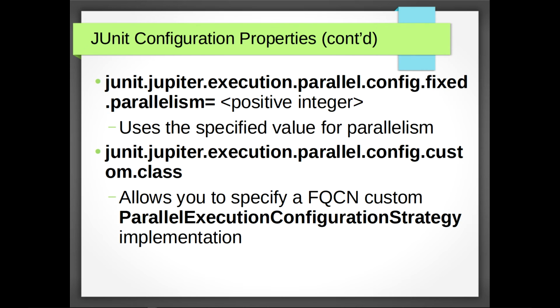Now I'm going to give you 1 full minute to write out two things. First is junit.jupyter.execution.parallel.config.custom.class, and the second one is parallel execution configuration strategy. So I'll be back in 1 minute.